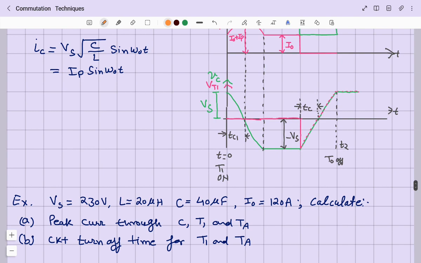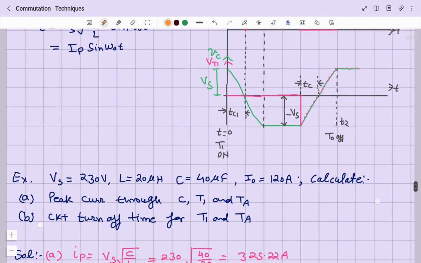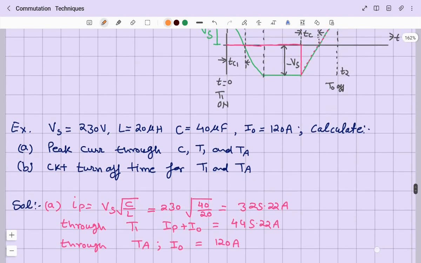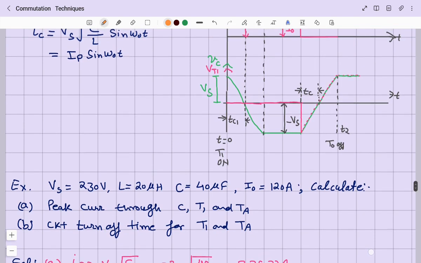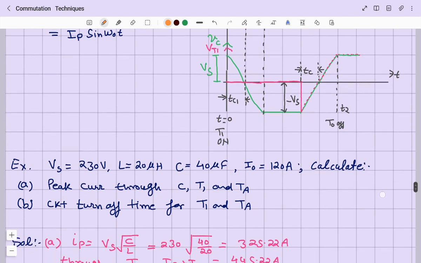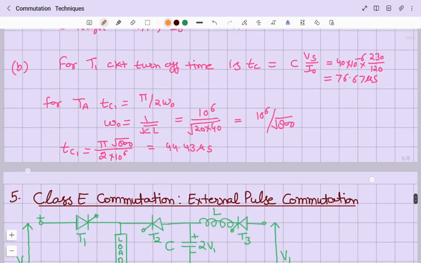If the source voltage is 230 volt, inductor L is 20 microhenry, capacitor C is 40 microfarad and load current is 120 ampere, you have to calculate the peak current through capacitor C, thyristor T1 and auxiliary thyristor TA. You also have to calculate the circuit turn off time for thyristor T1 as well as TA. This you have to figure out.